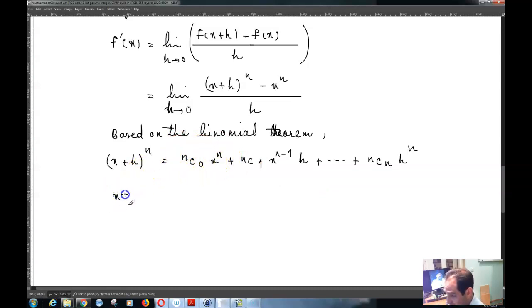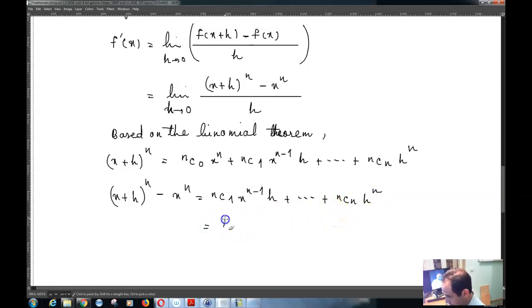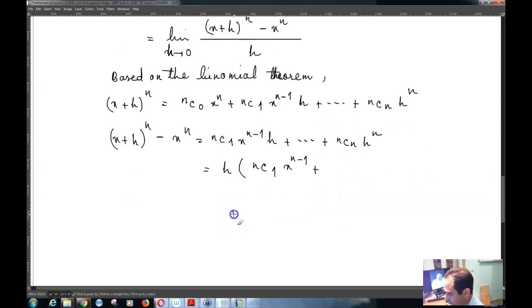So then you can write (x plus h) raised to the power n minus x raised to the power n, taking this to the other side, becomes n combination 1, x raised to the power n minus 1 times h, plus all the way up to n combination n, h raised to the power n, which you can write as h times n combination 1, x raised to the power n minus 1, plus all the way up to, and n combination n is the same thing as n factorial over n minus n factorial and n factorial.